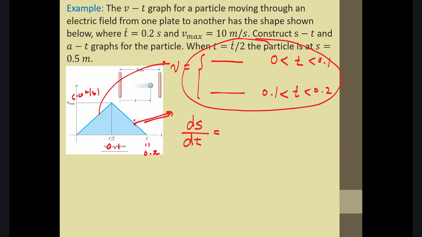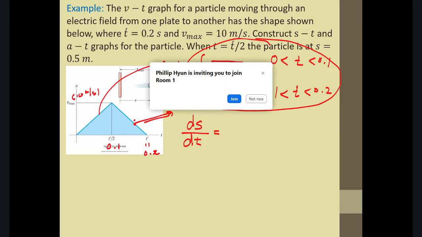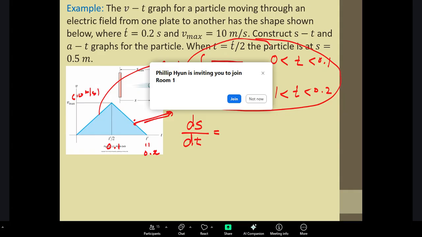Second group, Ian, Jonathan, Max, Michael. Third group, Blake, Jeremy, Tim. Okay. Fourth group, Jackson, Miguel, George. All right. I'm going to open all the rooms. You guys join outside the room and work together.